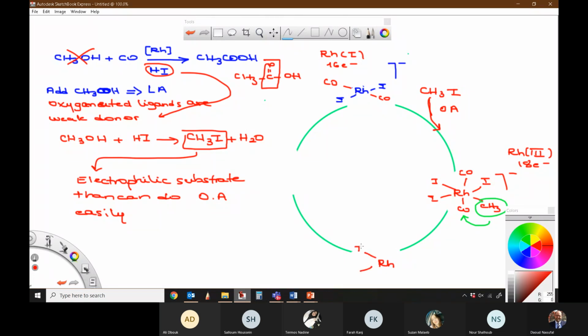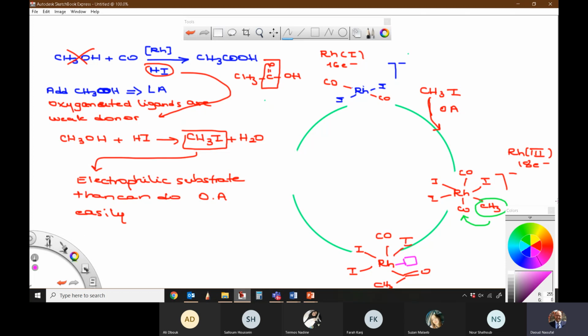Rhodium I, CO, CH3, and we have CO and we have I, and pay attention with the appearance of the vacant site.